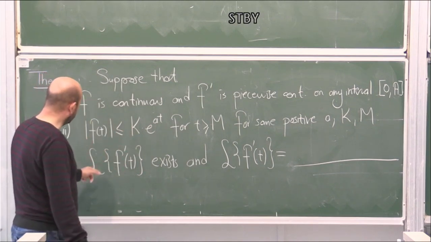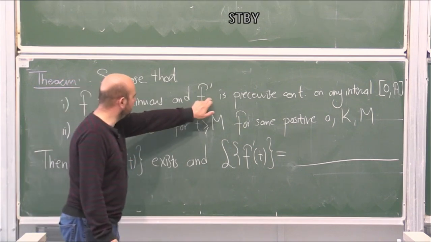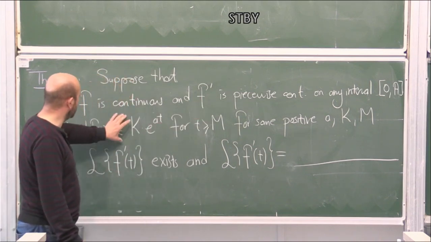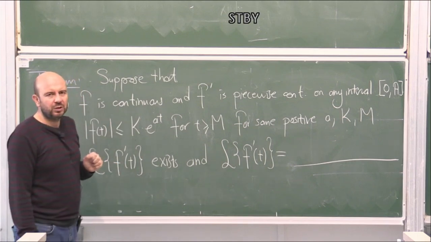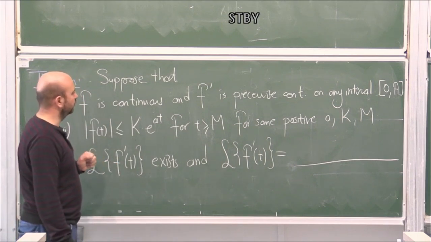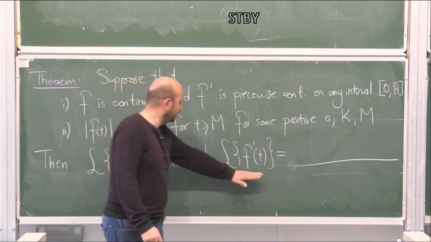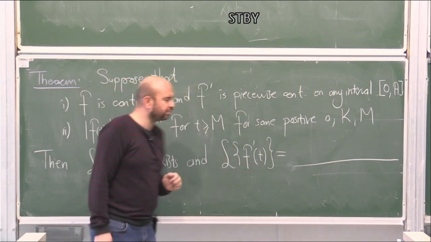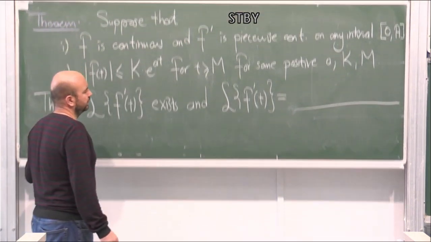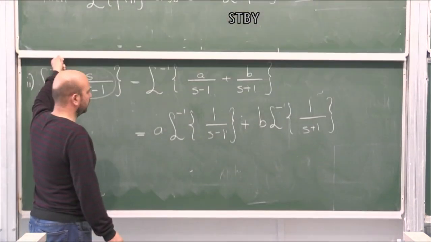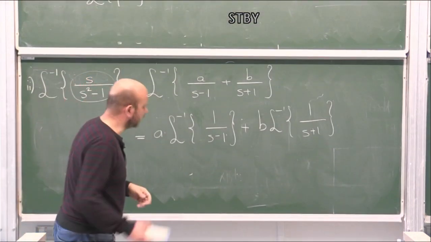But furthermore, this theorem says that f prime is piecewise continuous, and with this condition f prime will also have a Laplace transform. Then there's a formula for the Laplace transform of f prime, so we will now find it. So how is the proof done?